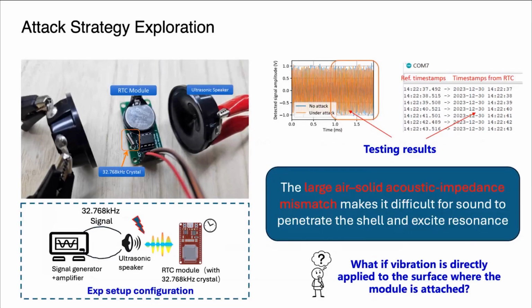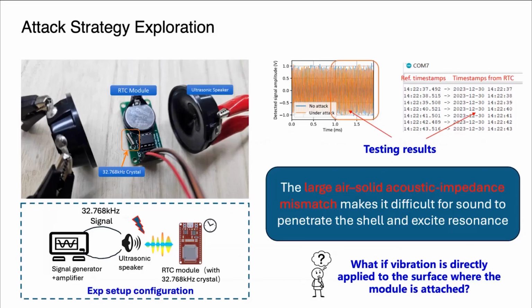So, how did we try to achieve that? We first attempted to exploit the crystal's acoustic resonance by using an ultrasonic speaker tuned to its resonance frequency, hoping to induce oscillation.